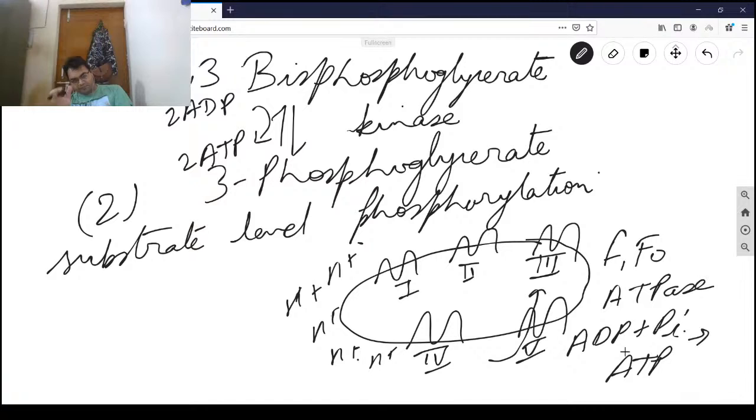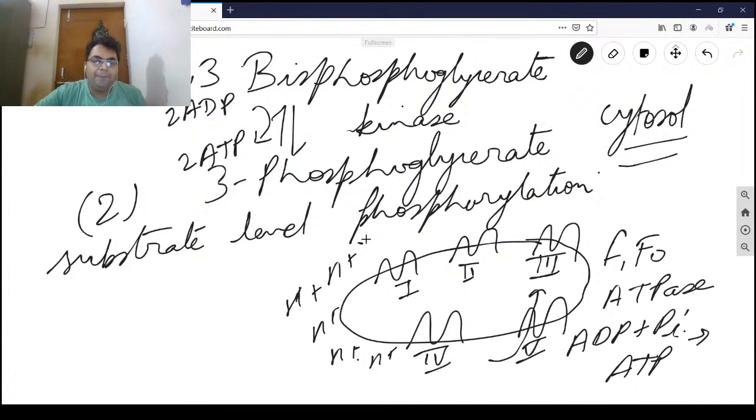So the thing is, what happens is, this is not the phosphorylation happening in mitochondria. This glycolysis process happens in cytosol. Okay. So now what is happening is, from this substrate only, I am taking one pi.